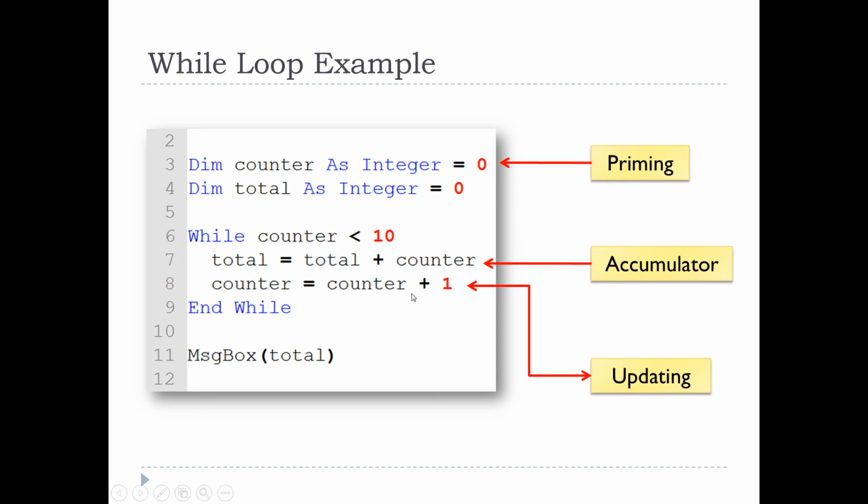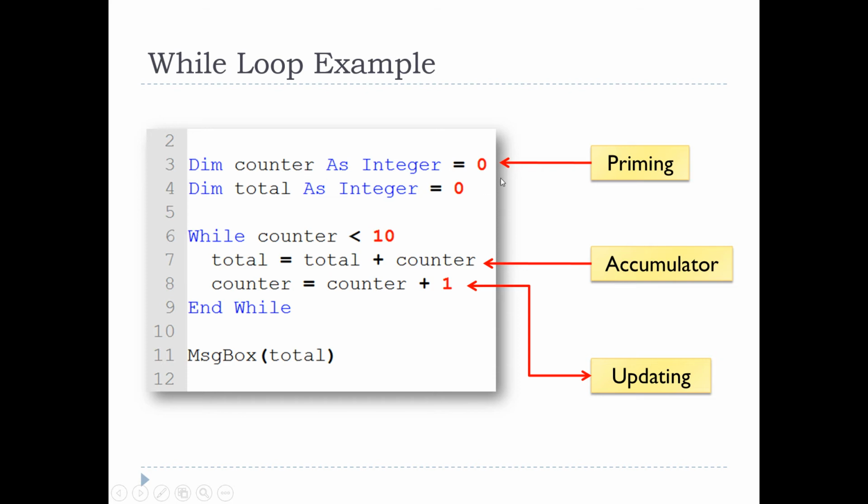You start from there, and in this example, we're basically going to add the counter number, from 0 to 10, right? Well, in this case, it would be 9. We add that to the total. So basically we're adding all the numbers from 0 to 9, and then we get the total out of that. So you prime your variables, and then you start with the loop here.